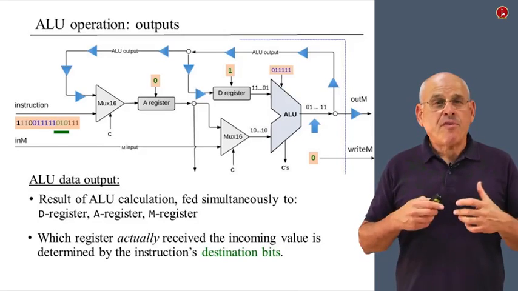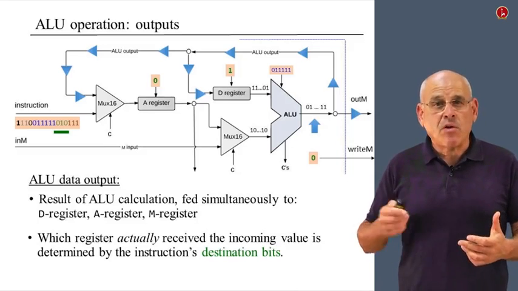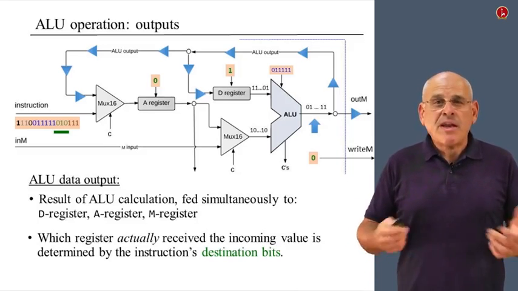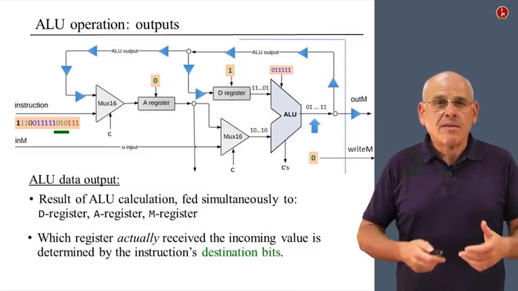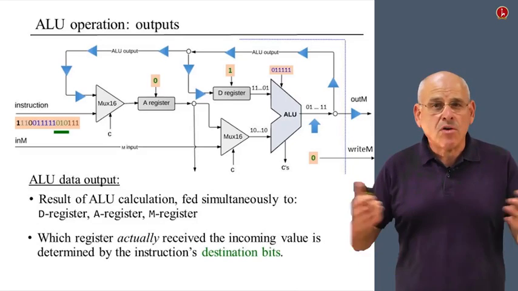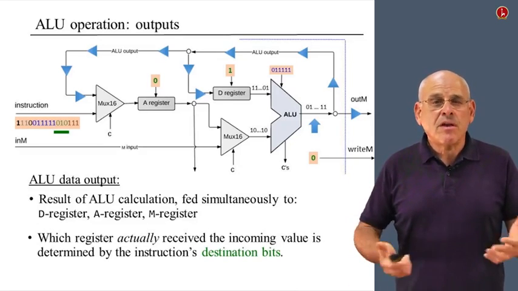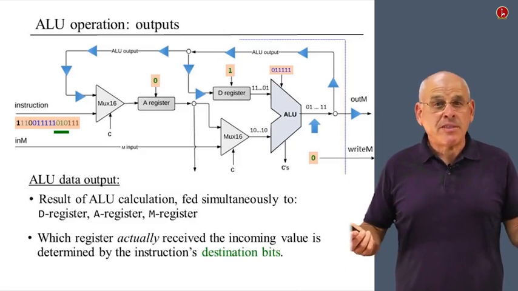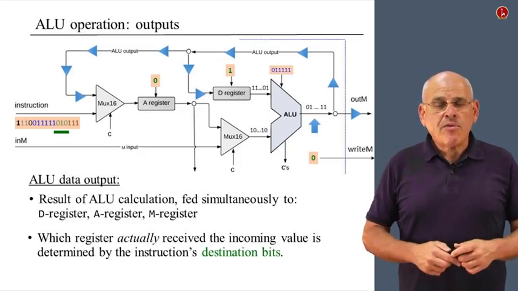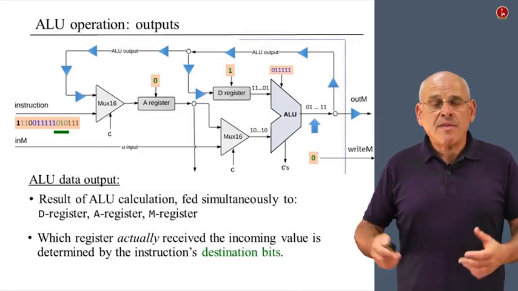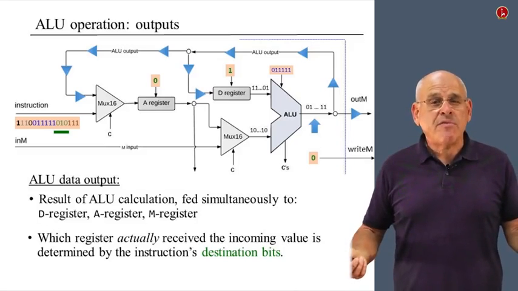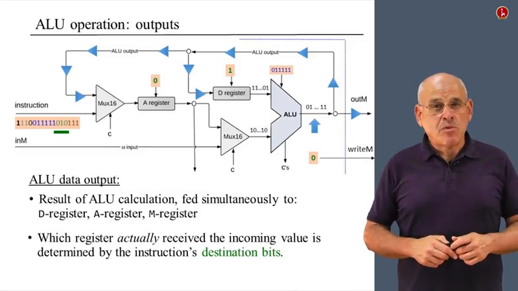So if, for example, the green bits would have been 0, 0, 0, then it's very nice that the ALU computes something, but this value will be lost. No container in this computer will be open for business, so to speak. And if we set these green bits to 1, 1, 1, then all of these containers will receive the same output simultaneously.